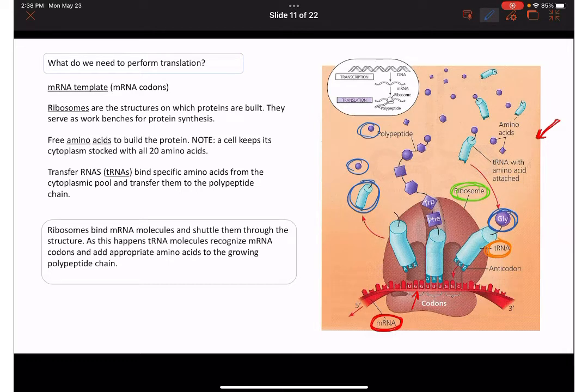And basically what's going to happen here with translation is this mRNA molecule is going to go into the cytoplasm and it's going to hook up with this ribosome. It's going to be inserted into this ribosome, and the mRNA is going to move its way through the ribosome. And as it does, its genetic sequence is being read, and the appropriate amino acid chain is being built because of it.